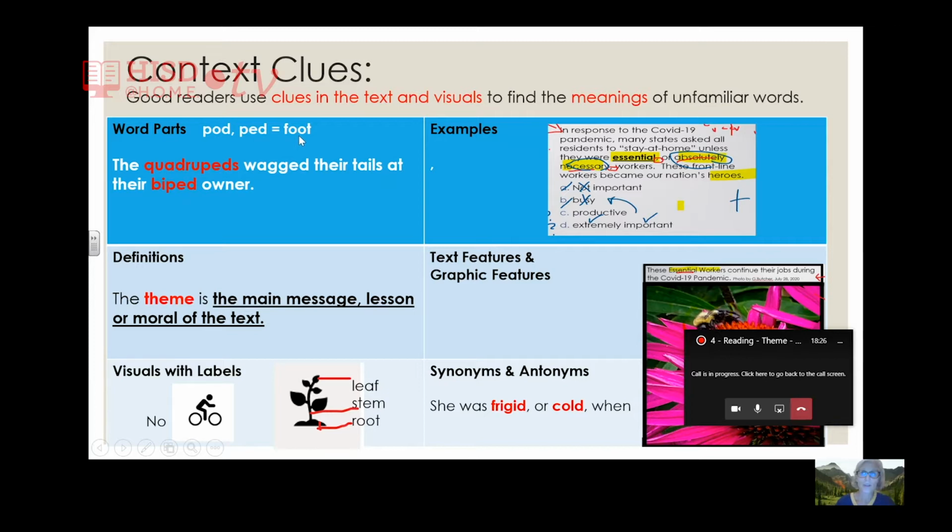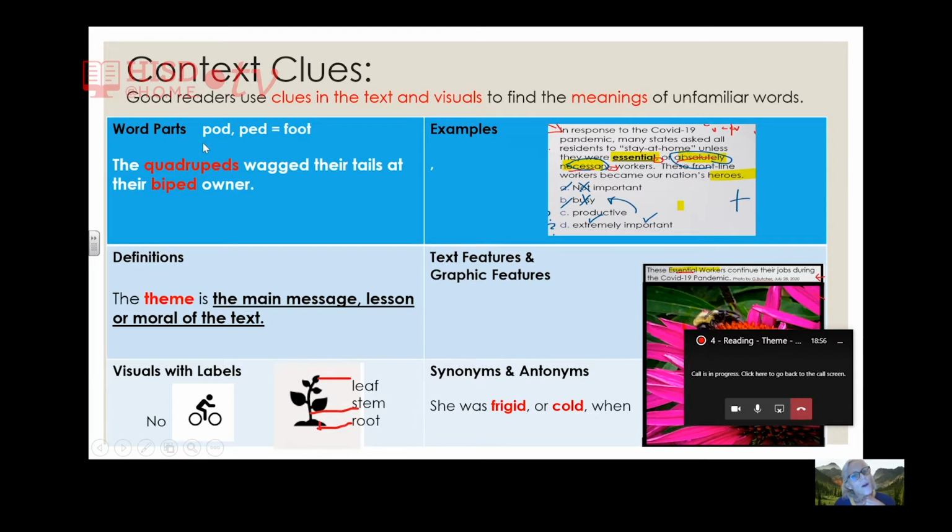Those are called affixes, so roots and affixes. Or you can use examples, definitions, text features and graphic features, visuals with labels, or synonyms and antonyms, all help you understand the meaning of unfamiliar words. So I do want to go into each part, so that we can get up on our game here.